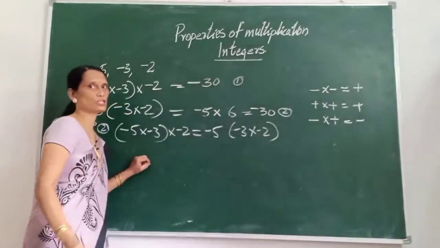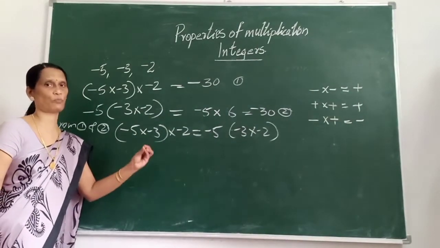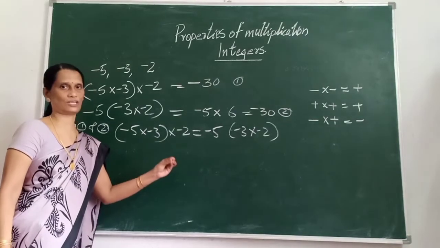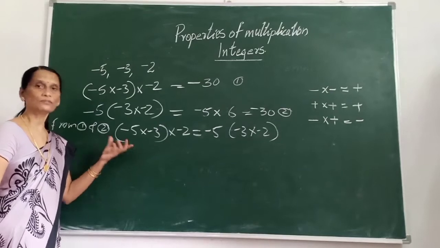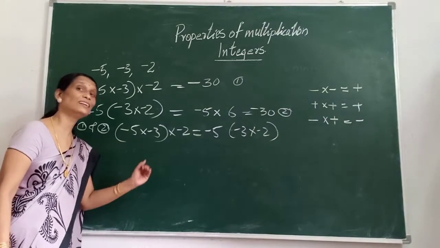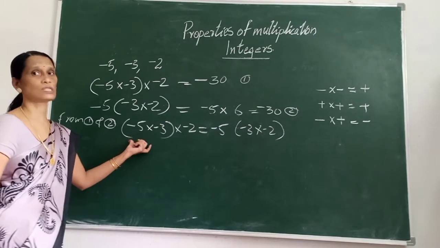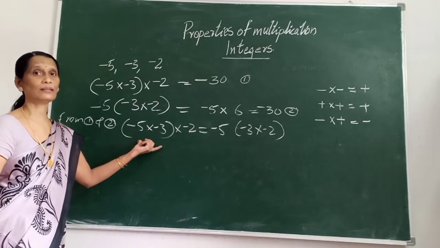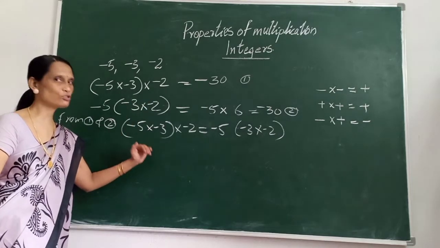Same type of operation we have learned in addition, and we called it associative property under addition. So what can we call this property? This is associative property under multiplication. So this property is associative property under multiplication for integers. We are learning about the properties of integers.